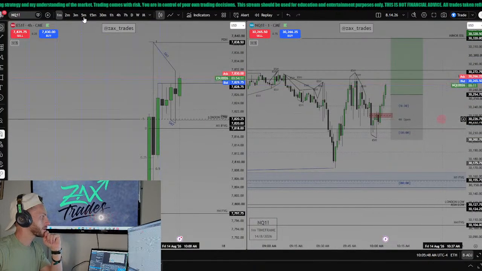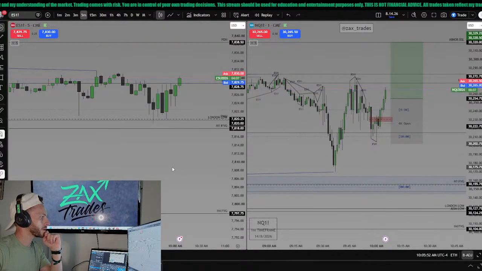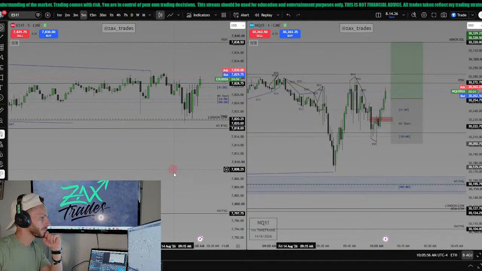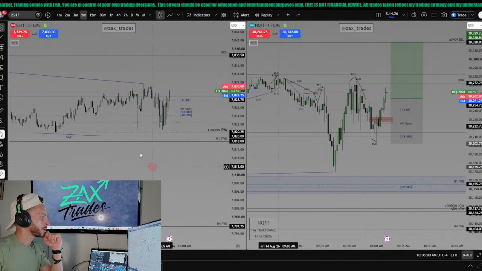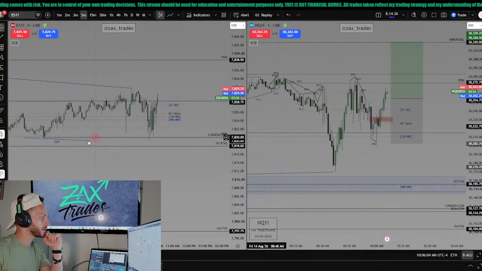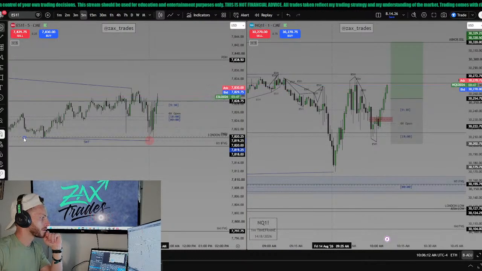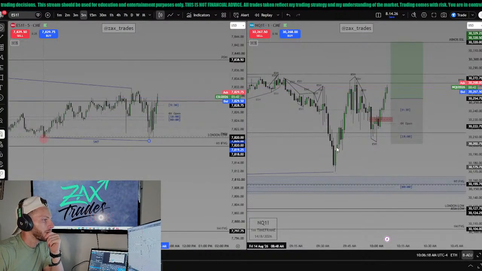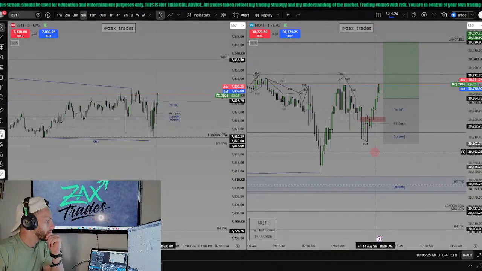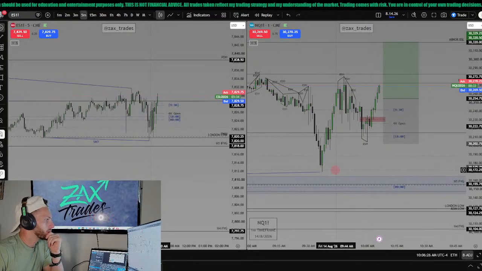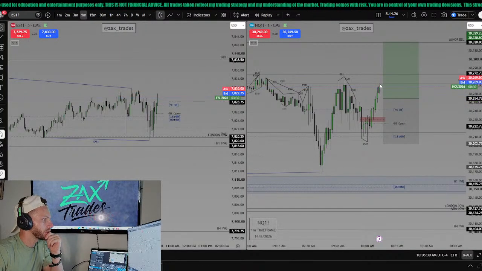Okay. Let's pull ES up on the lower time frame here. So I think that we could essentially hold this position until ES hits previous day high. I really would want this thing to give me an opportunity.